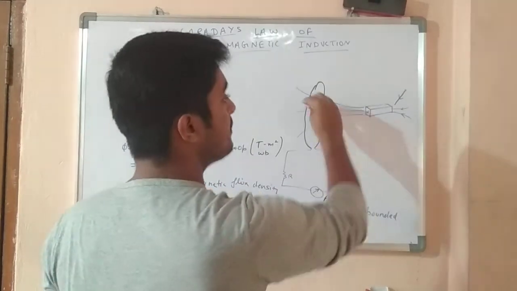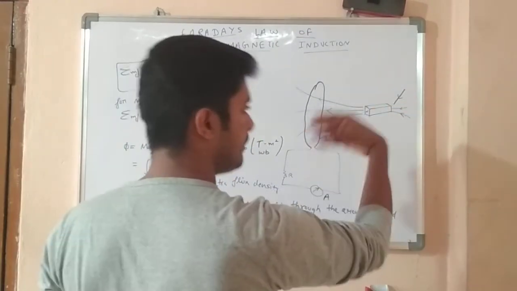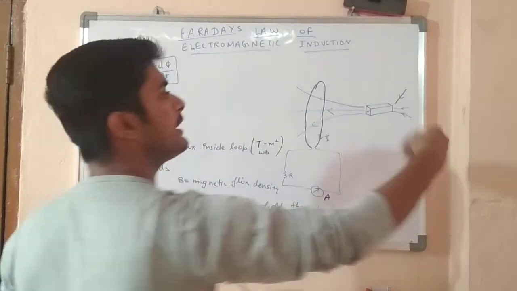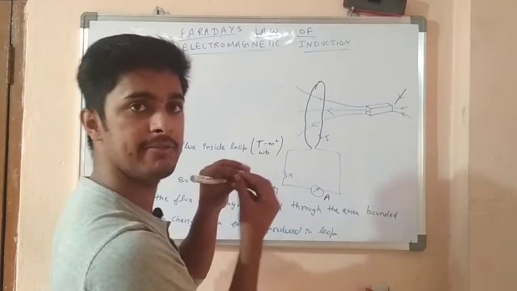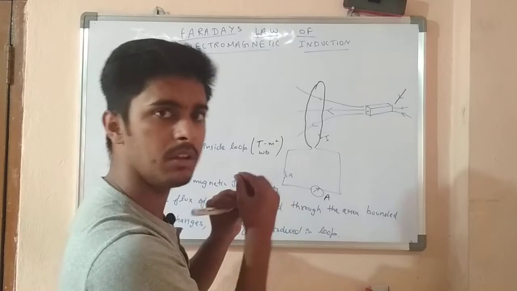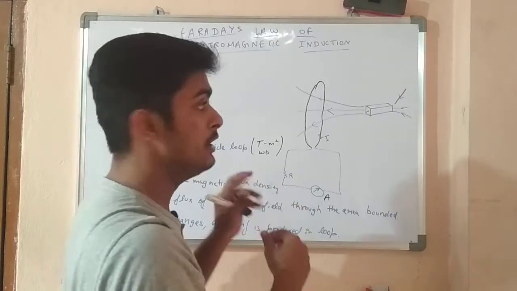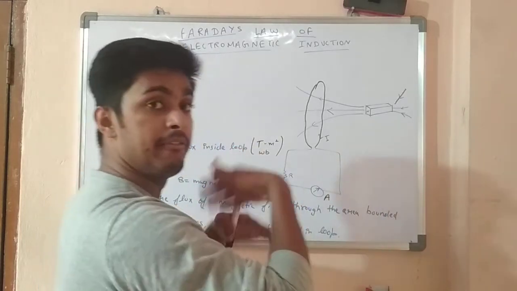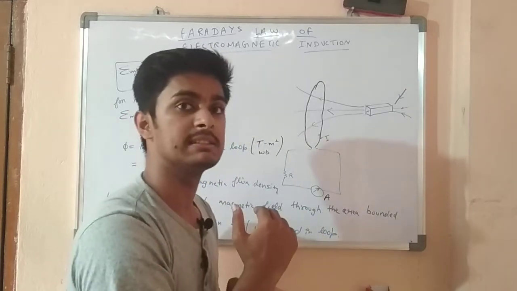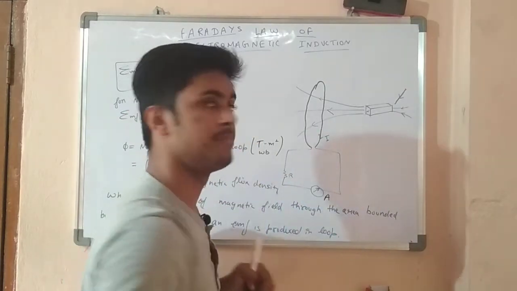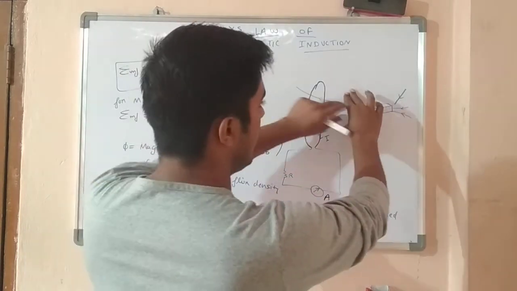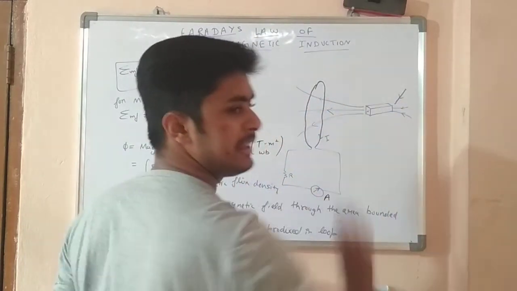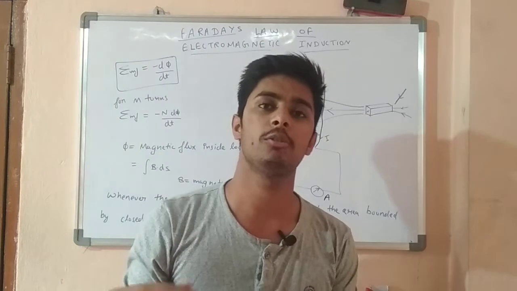And when the magnet is taken away, very far from this loop, then the magnetic field lines inside this loop will be less, meaning the magnetic flux will be less. So when there is a change in flux, only then the EMF will be induced. But if we kept the flux constant, if we brought the magnet close and kept the flux constant, then there will be zero EMF.